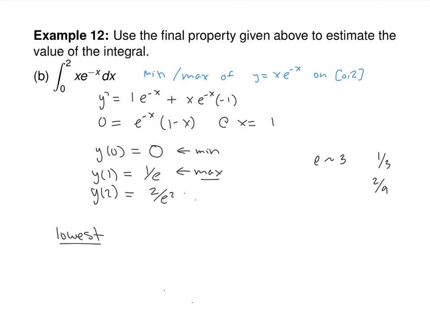So the lowest this thing could be would be 0 times 2 minus 0, or 0, because 0 is that lower m value. The highest would be 1 over e times 2 minus 0, or 2 over e. That's it.